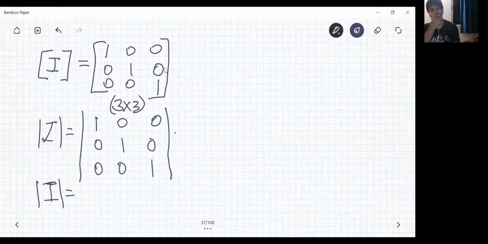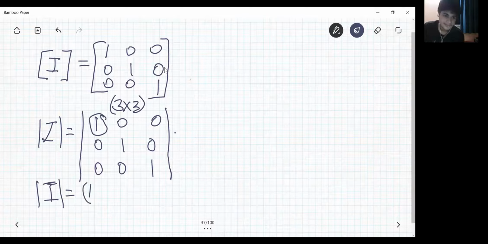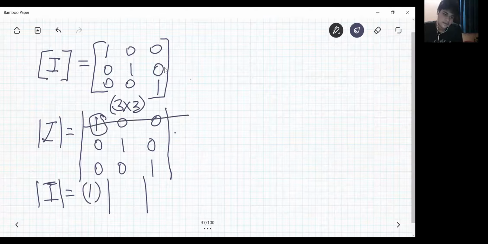See, first we will take this number here in the first row, first column. Write that number. 1 into the determinant 1, 0, 0, 1, ignoring this row and this column.